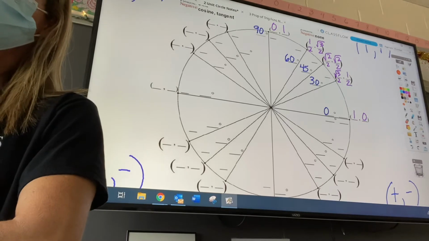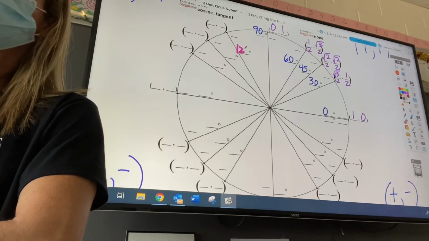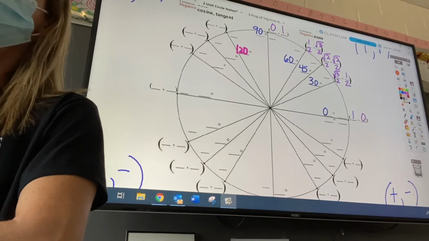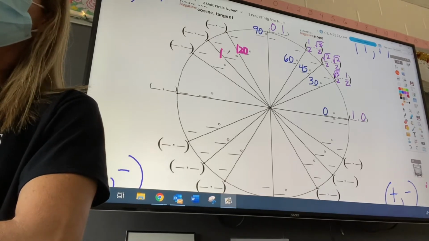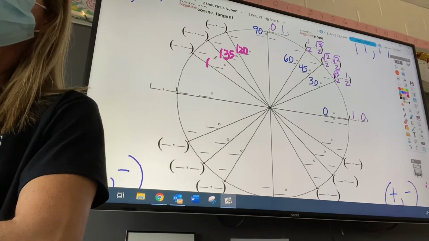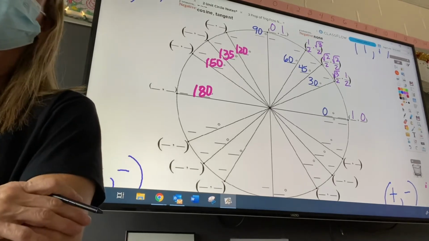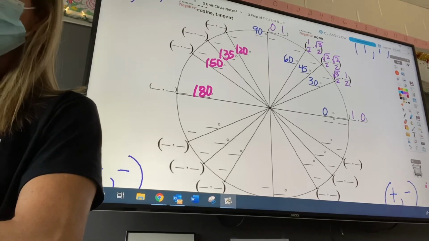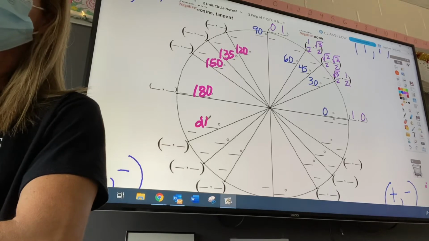60, 70, 80, 90. This one is going to be 120, because we're adding 30. Now we have to add 15. So that's 135, and then another 15 is 150, and then halfway around is 180, which we already know. How are we doing? Another 30 degrees, 210.